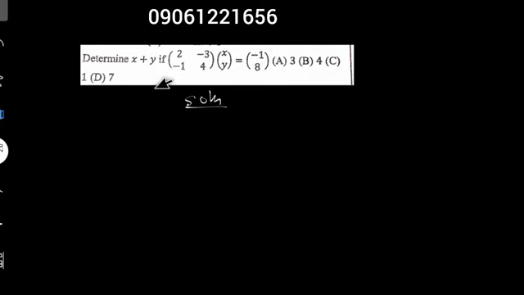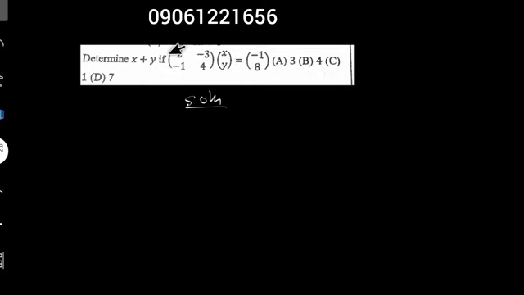So this row times this column gives 2 times x, that's 2x, minus 1 times y, that gives minus y. The same thing here: minus 1 times x gives minus x, and 4 times y gives 4y.